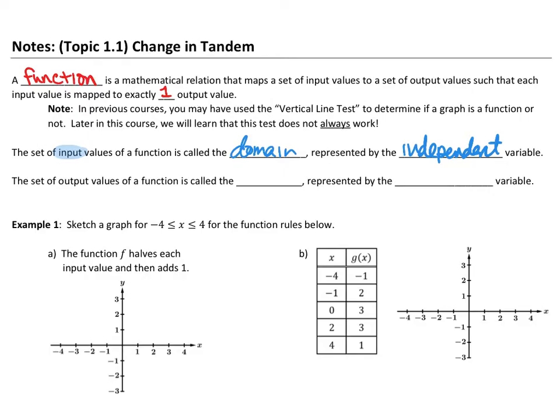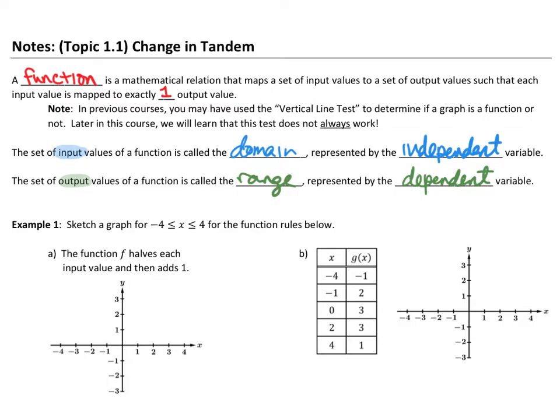So we just need to know the independent variable, and then, of course, the output values, that is the range, will be represented by the dependent variable. Typically that is x and y, but depending on how your function is defined, that might change. All vocabulary we've used before.